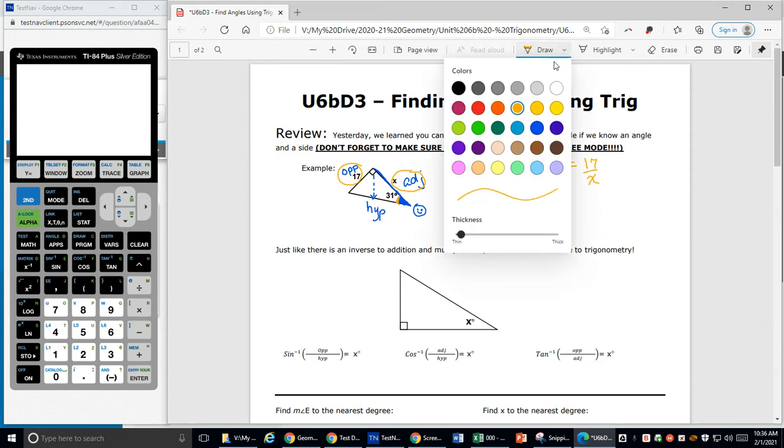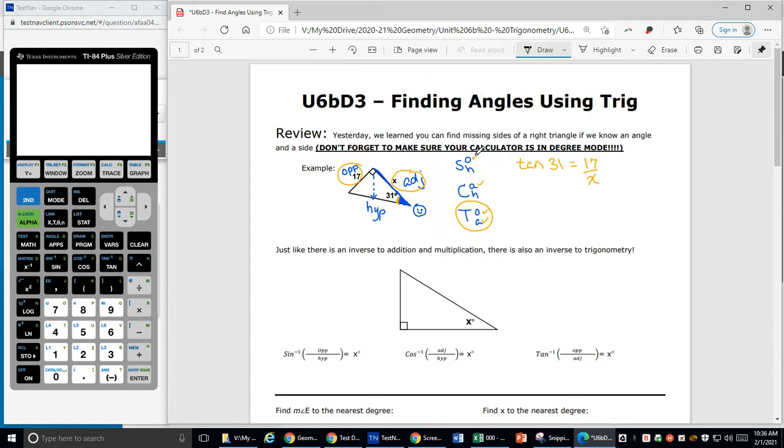My next step was to make it into a proportion by putting the left side over 1 so that I can cross multiply. When I cross multiply, x times the tangent of 31 equals 17 times 1.